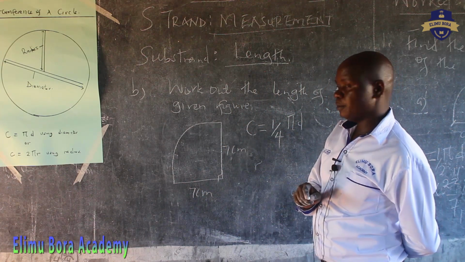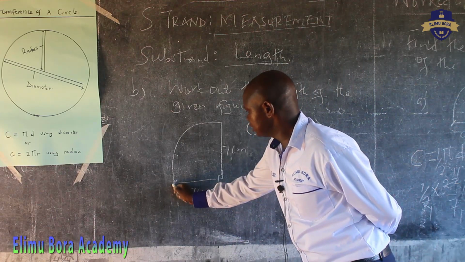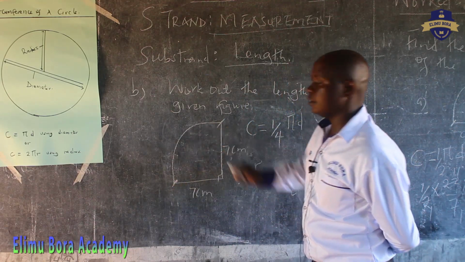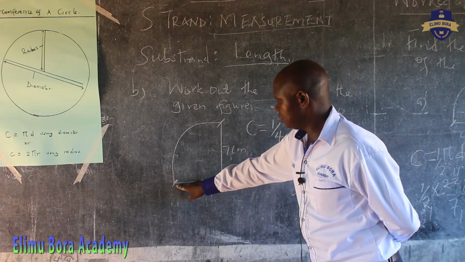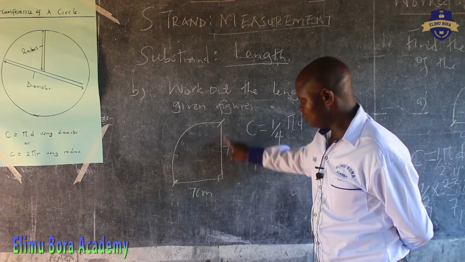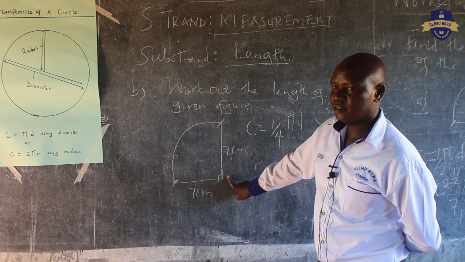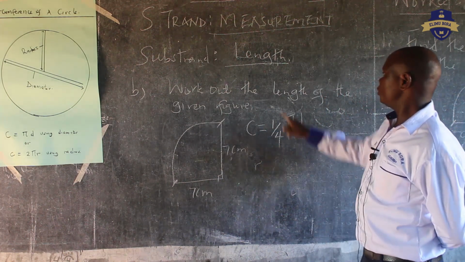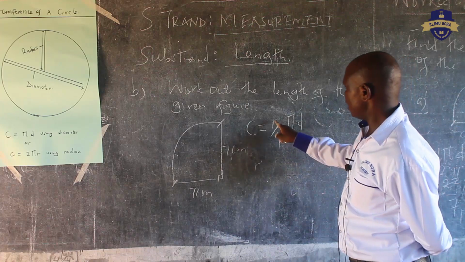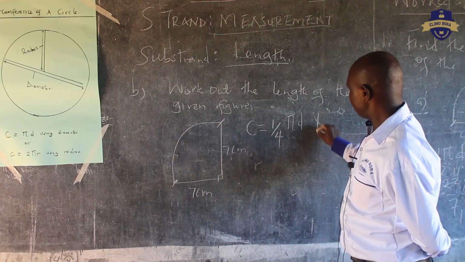So in the first step, you get the curved distance from this point up to here. That will be the circumference. Then you also add the radius and also another radius. So to get the total length of this figure, it will be a quarter pi d plus 2 radius.